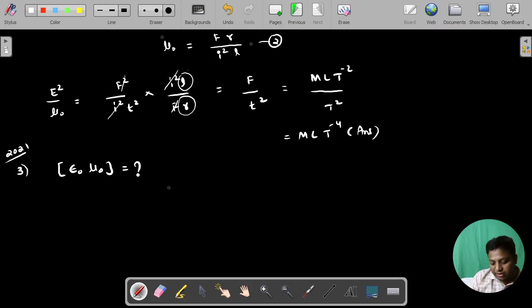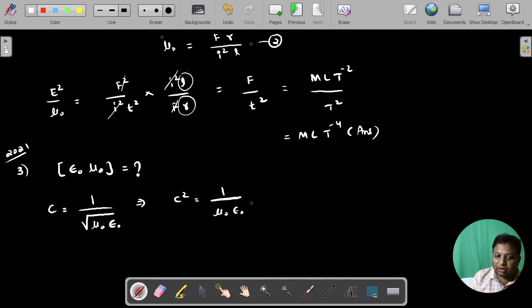You might have listed out some formulae in electromagnetic waves. One formula for the speed of light in electromagnetic waves is C equal to 1 by root of mu naught epsilon naught. From this you can write C square equal to 1 by mu naught epsilon naught, or mu naught epsilon naught equal to 1 by C square.